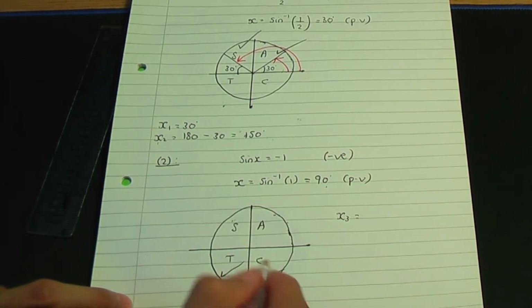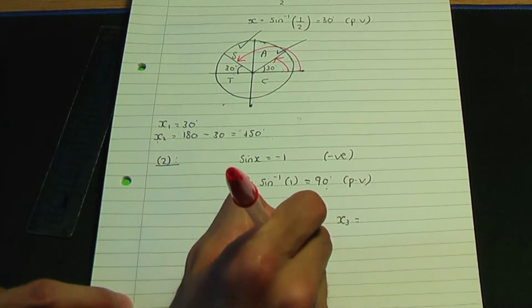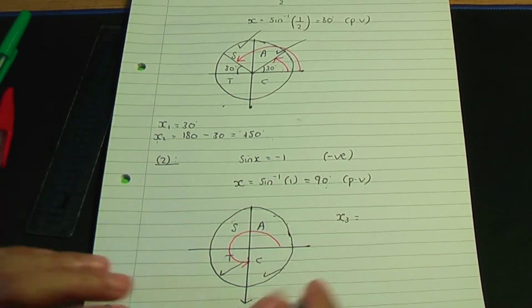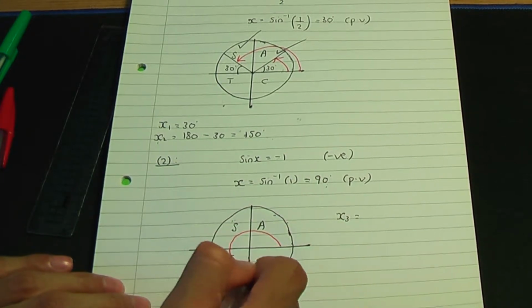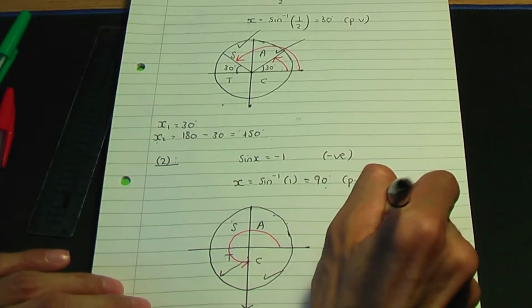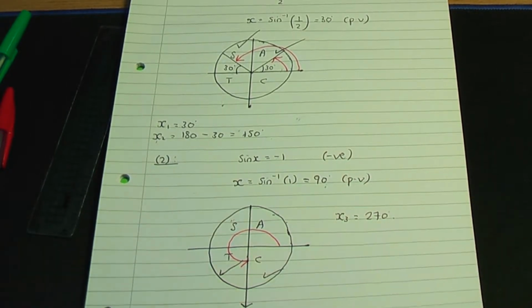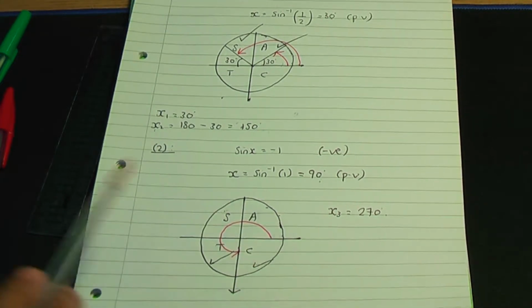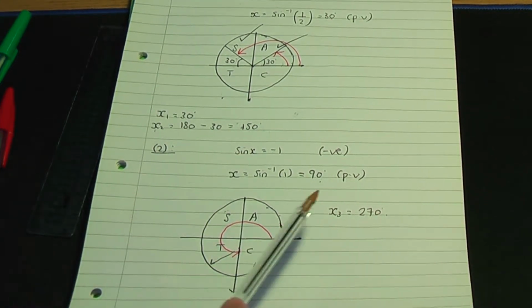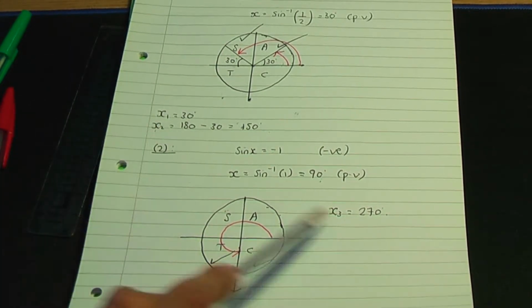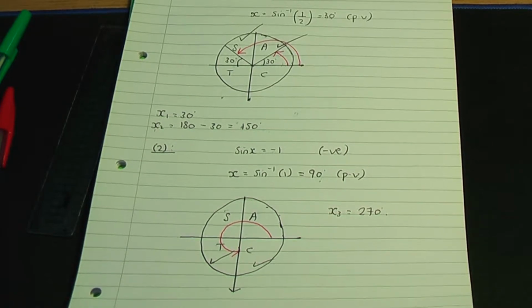As we want positive solutions for x, from the initial line in the anti-clockwise direction until we hit this line is 270 degrees. So that is the only solution that we have for the second equation. So we've got one solution for the second equation, two solutions from the first equation. All in all, we have three solutions for x.